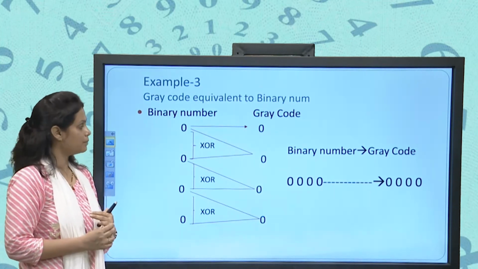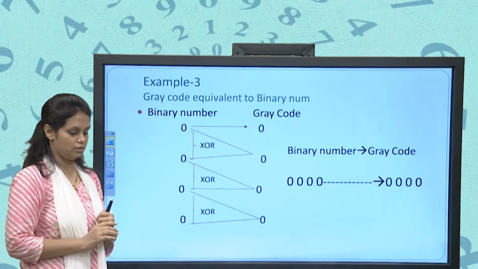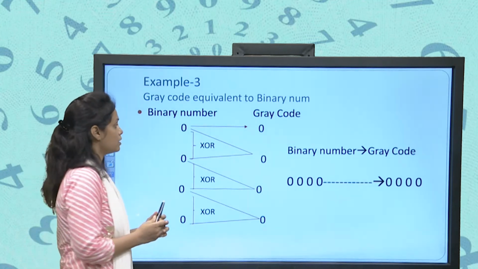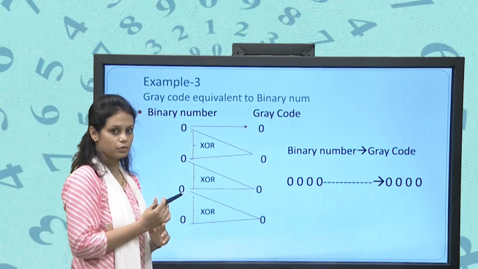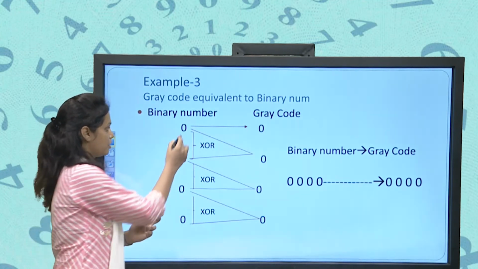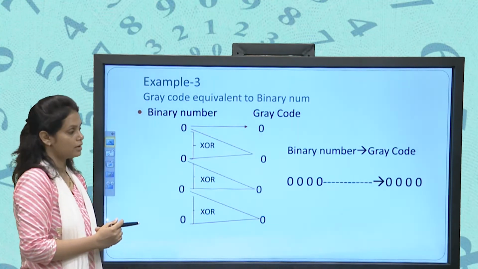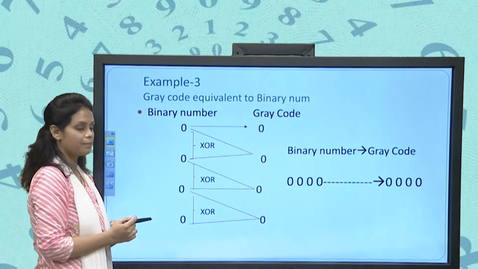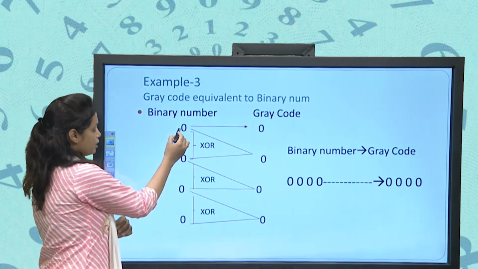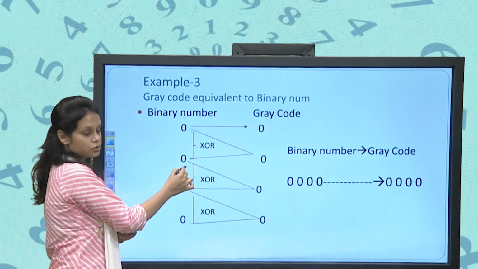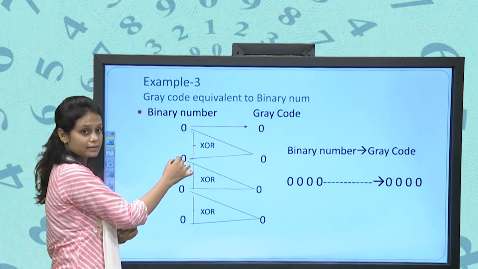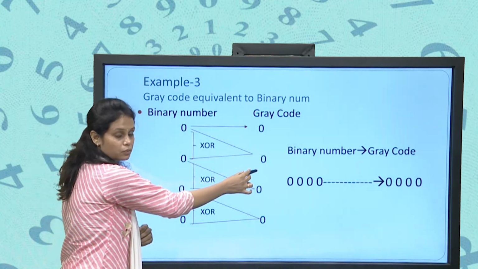Suppose we are having the binary number 4 times 0. First we will convert this number into the gray code. So what is the procedure? First bit remains as it is. Now we'll try to make the pair of the 2 bits. We'll first make the pair of this first 2 0. These 2 bits are same, so the output is 0, right?